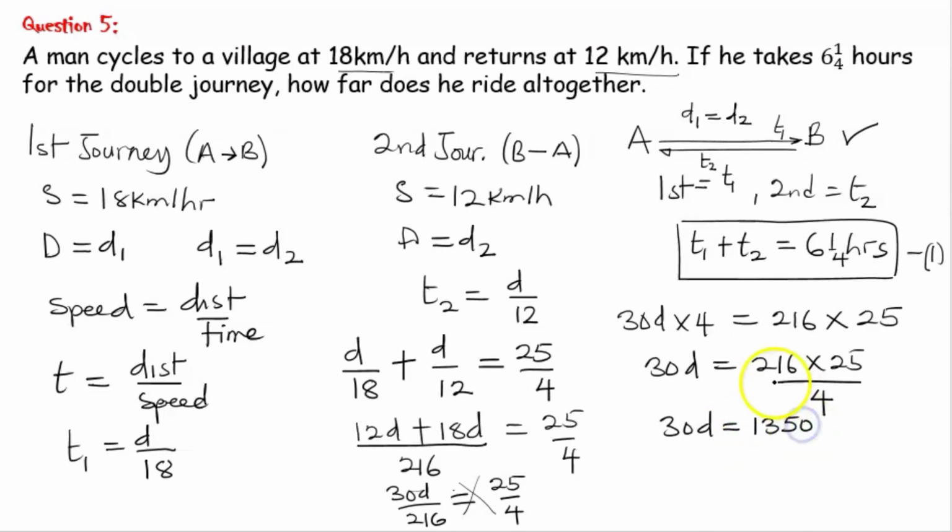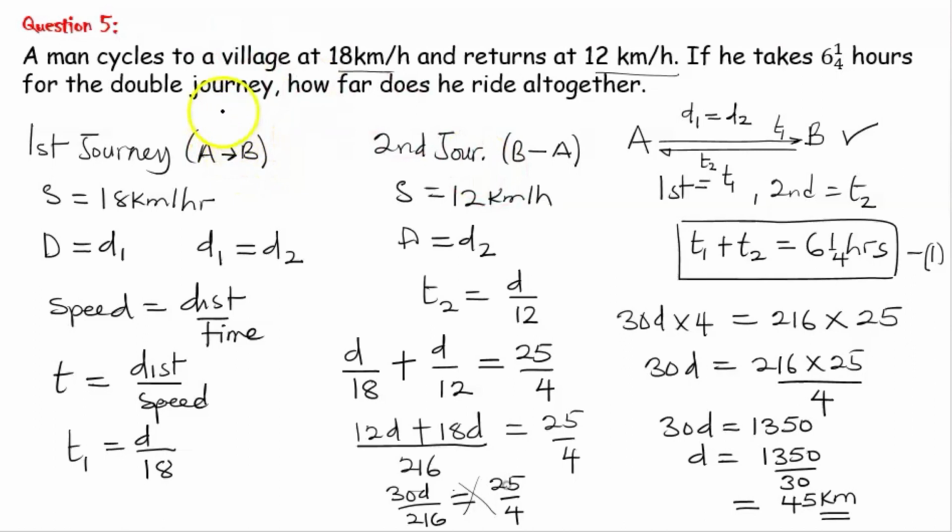If you use your calculator and punch this, d finally is going to be 1350 divided by 30, and that is going to give us 45 kilometers.